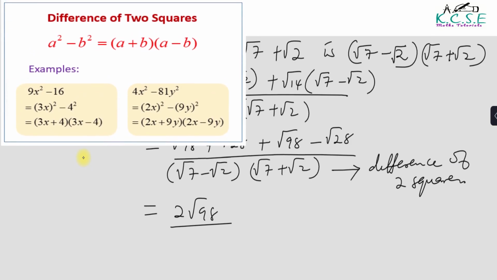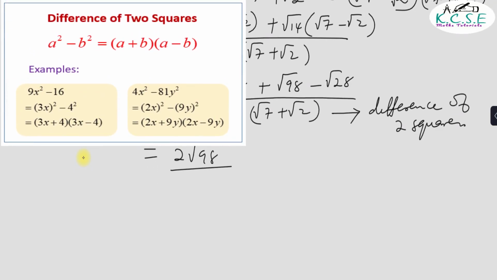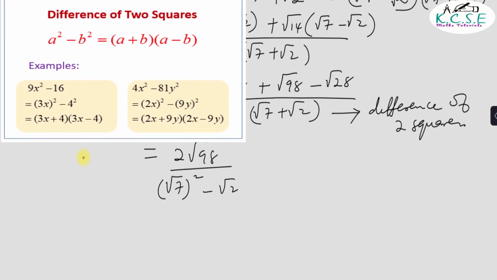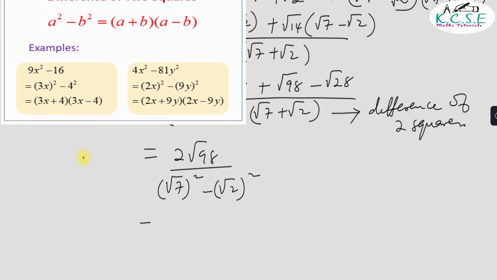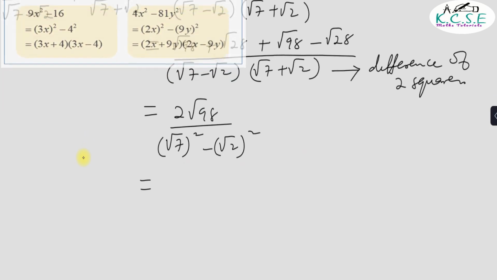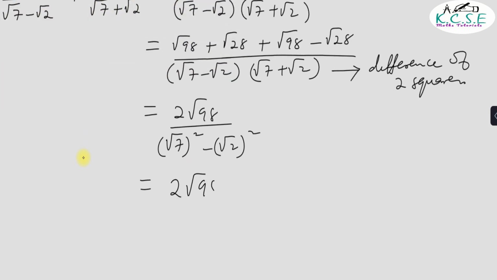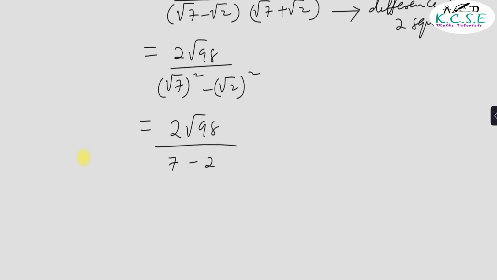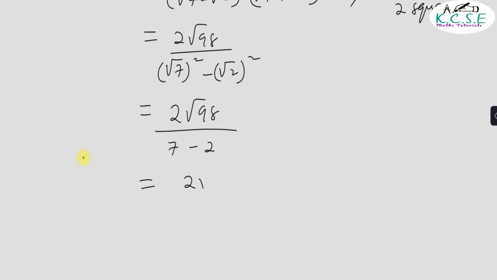So when we simplify the denominator, we shall get root 7 squared minus root 2 squared. Root 7 squared is 7, root 2 squared is 2, so this gives 2 root 98 divided by 7 minus 2, which is 2 root 98 divided by 5.